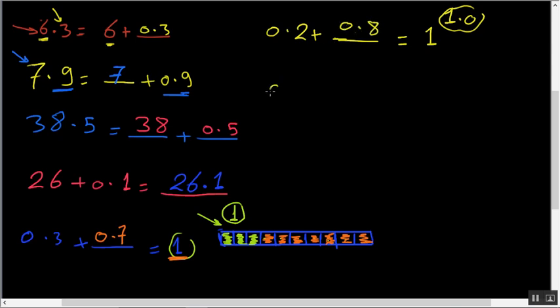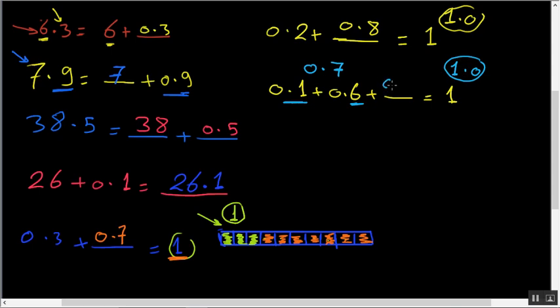If he said 0.1 plus 0.6 plus space equals 1, it will be 1.0 as it is, 10 parts. Here we have 1 plus 6 equals 0.7. We want to reach 10, so the result equals 0.3.